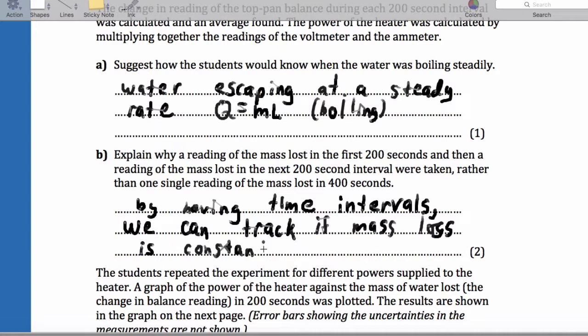Because if we track it this way, it should be equal.